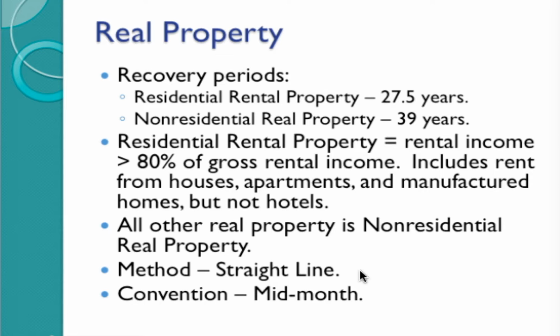For residential rental property, the rental income has to be greater than 80% of gross rental income and includes rent from houses, apartments, and manufactured homes, but not hotels, motels, or similar properties. Under these provisions, there's a mid-month convention, and the straight line depreciation method is used with those time periods applicable.